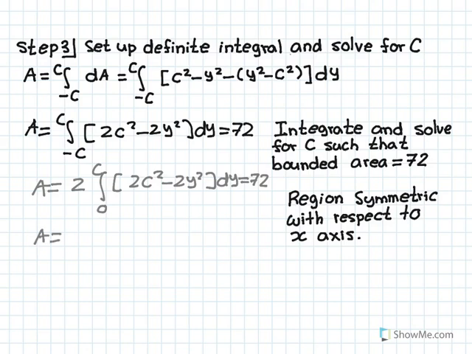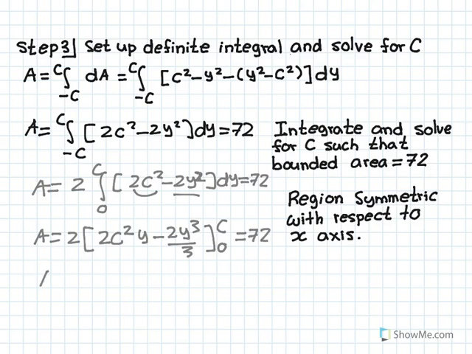All right, let's integrate this. Area is equal to 2 times the integral of 2c squared, and we get 2c squared y, because 2c squared is just a constant, minus the integral of 2y squared, we get minus 2y cubed divided by 3. Evaluate it from 0 to c, and this whole area is 72. Apply the fundamental theorem of calculus, put the upper limit in, subtract the lower limit, and we get area is equal to 2 times 2c squared times c, that's 2c cubed, minus 2c cubed over 3.